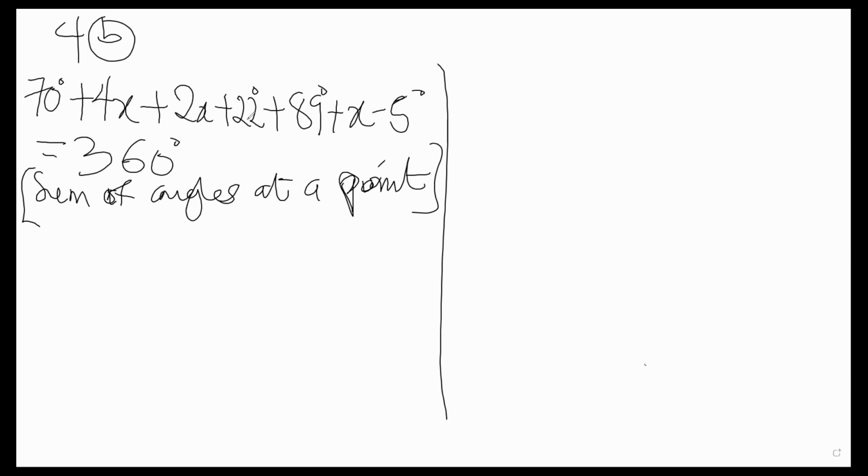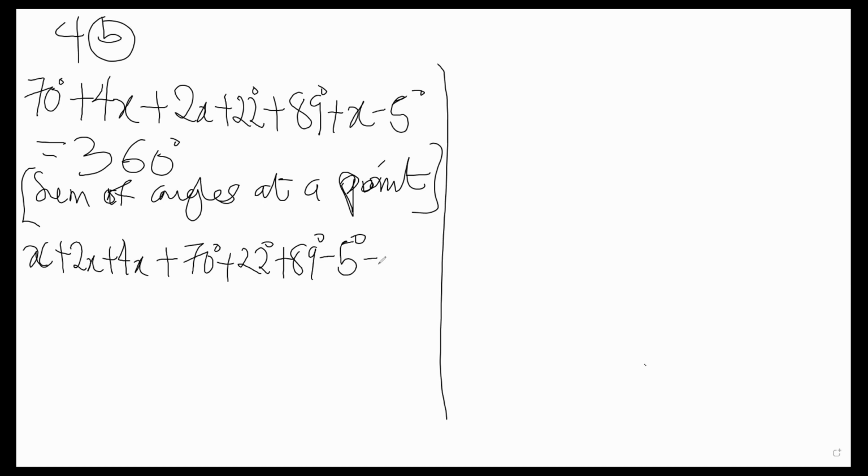We are arranging from the variables to the values. x plus 2x plus 4x, that's all for the variables, plus 70 degrees plus 22 degrees plus 89 degrees minus 5 degrees, all equal to 360 degrees.